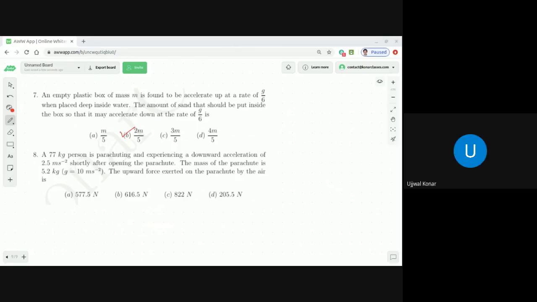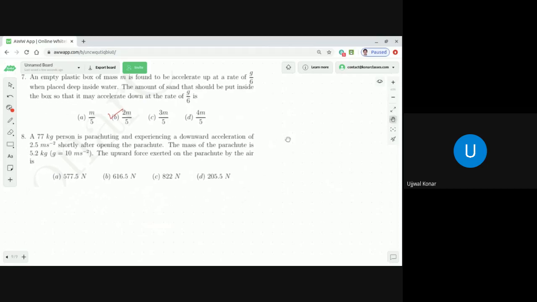Okay. Let's see. It is not A. Apparently, it looks like A, but it is actually B. So here you need to draw the free body diagram. Let's draw the free body diagram of the man. If you draw it, it should look something like this.